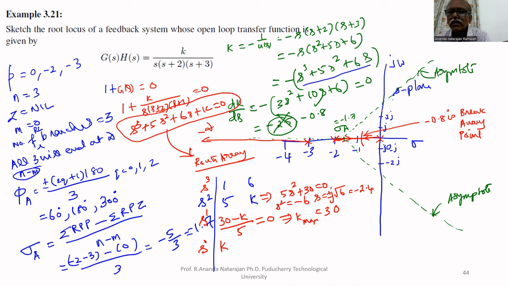Therefore, the root locus branch passes through that. We have to draw a line like this. It goes parallel to the asymptote. This goes up to infinity. This also goes up to infinity.